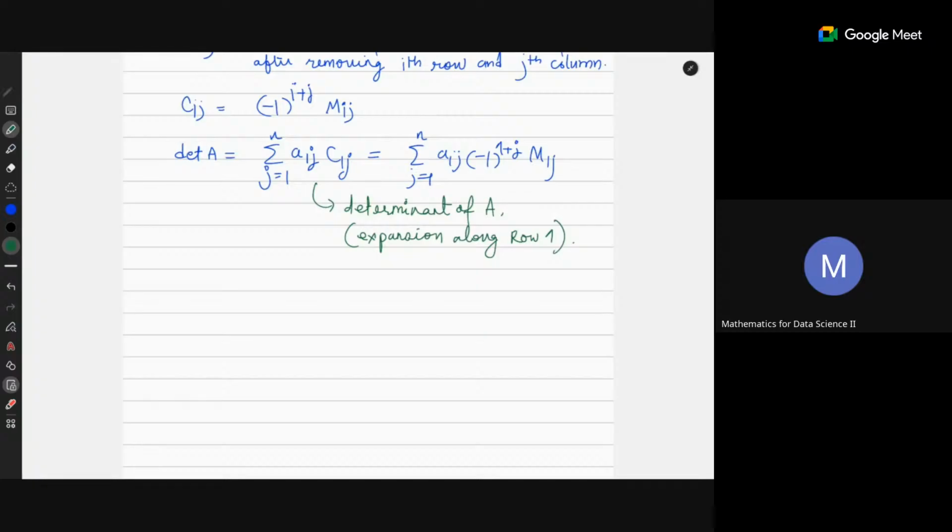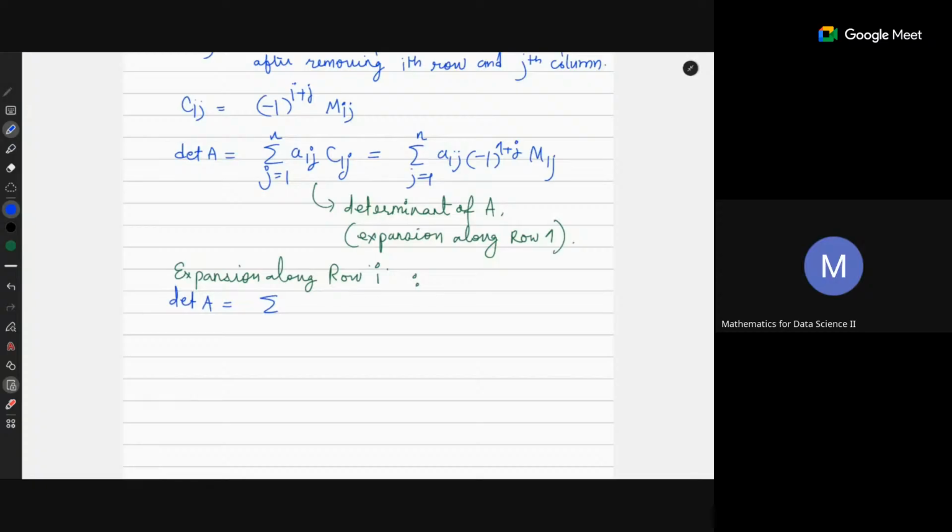So in particular, you don't need to expand along the first row. You can expand along any row or any column. So let's say expansion along some row i.